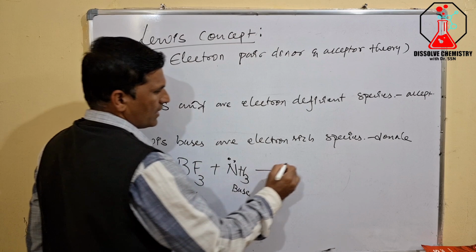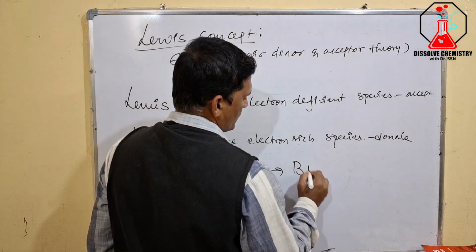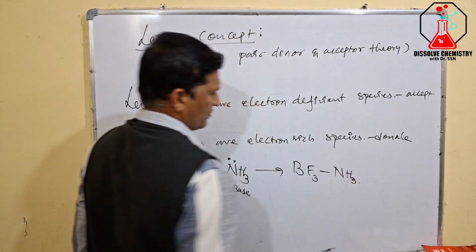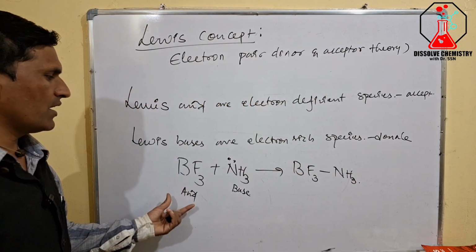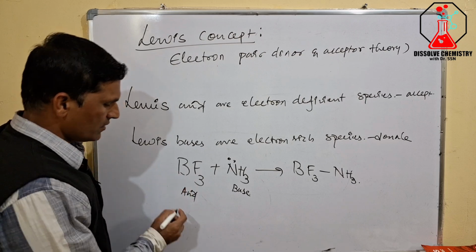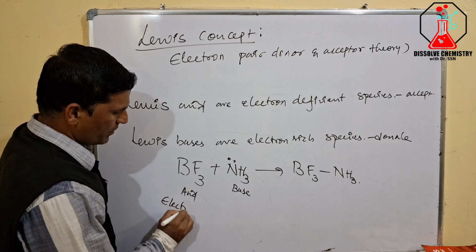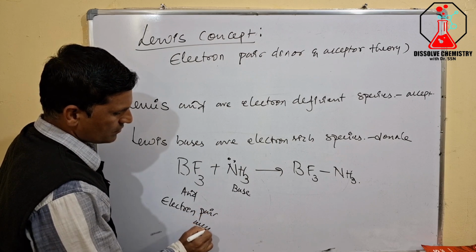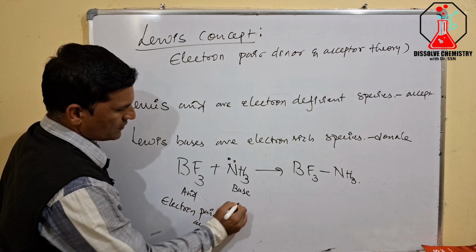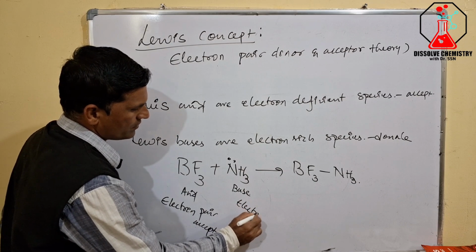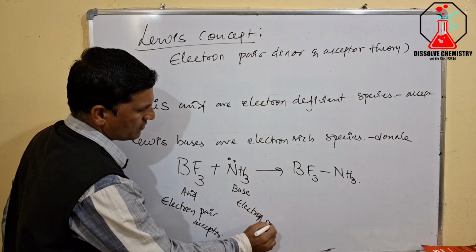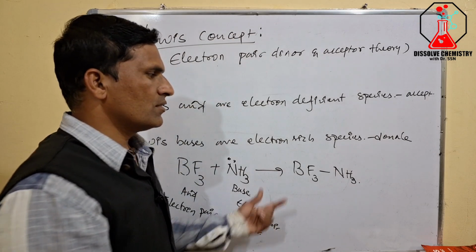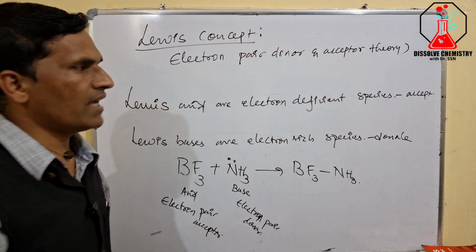So it will donate the electron pair and form the bond. A boron trifluoride NH3 bond is going to form. Boron trifluoride is the electron pair acceptor, and NH3 is the electron pair donor. So this is how we define Lewis acids and bases.